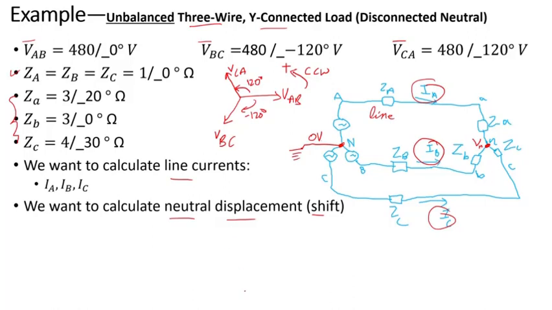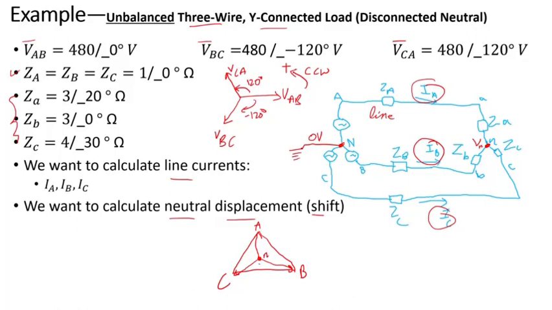If the load was balanced, if everything was balanced, then if you draw the triangle, those are the line-to-line voltages. Then in the middle would be the virtual neutral. So you would have A, B, C, and this would be the connection point or the neutral.